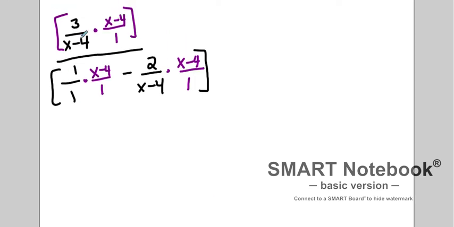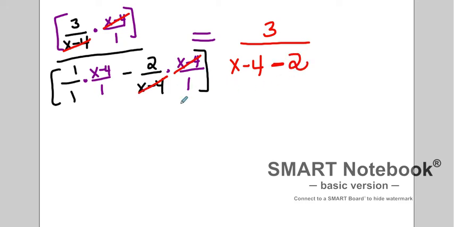All right, so what this answer is going to look like is the following. The x minus 4's here will cancel. So up top, you're just going to have a 3 over 1, which is just a 3. Here, nothing will cancel. It's just going to be x minus 4 times 1 over 1. So that's just x minus 4. Then we have a minus, so let's put that down. And then here, the x minus 4 will cancel with the x minus 4, and you're going to be left with the 2.